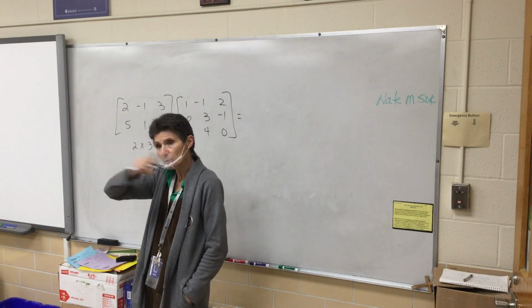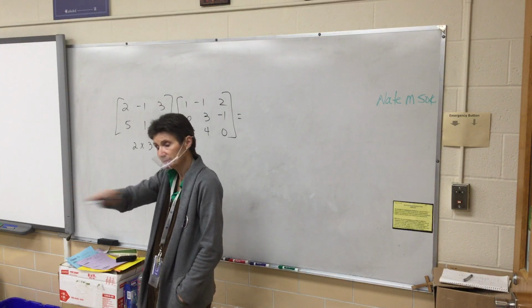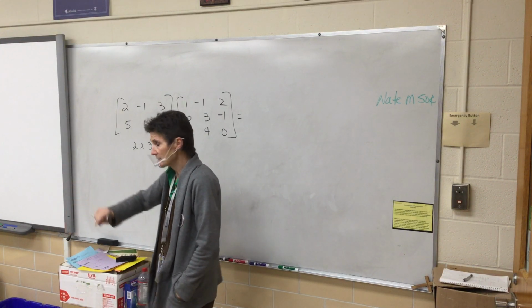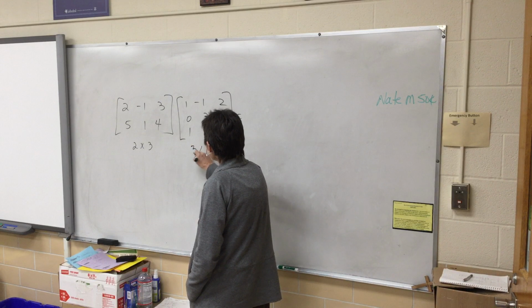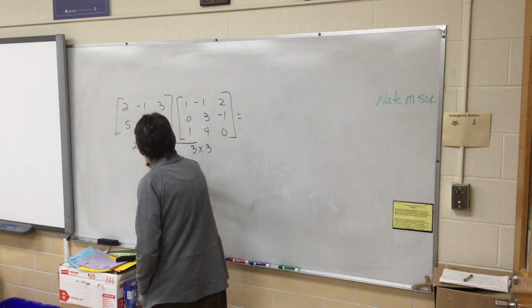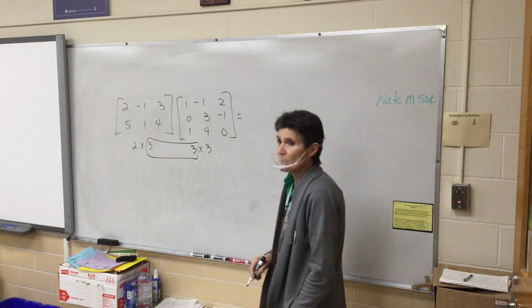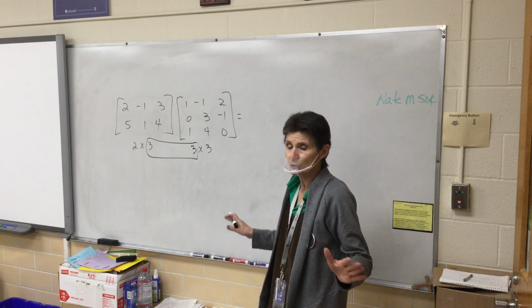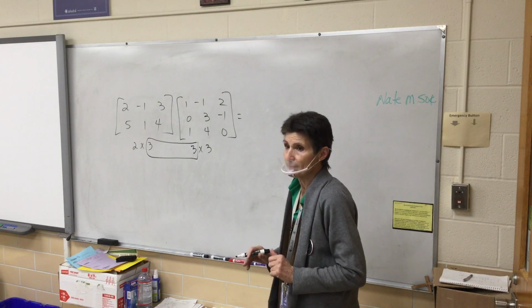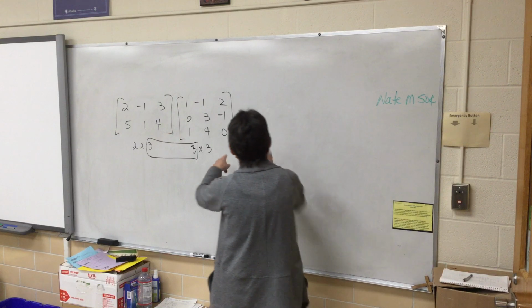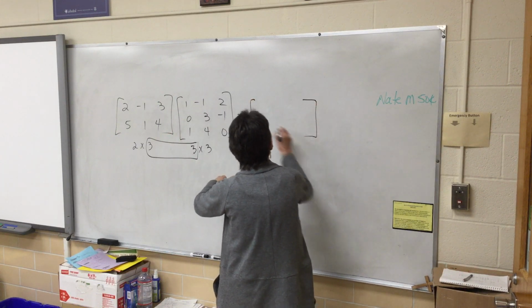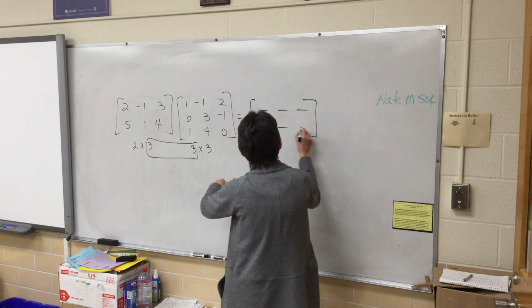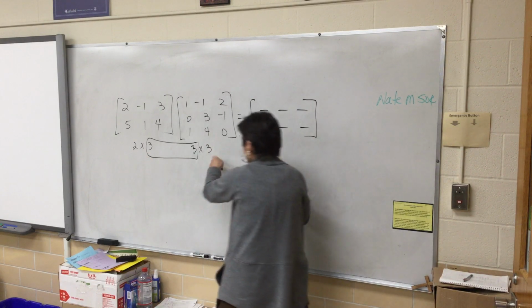Remember, rows go this way. Rows of the bleachers. Columns of the White House. This one is a 3x3. These match. As long as those match, it doesn't matter what else you have. You can multiply. The answer is going to be another 2x3. Right? These give me the answer.